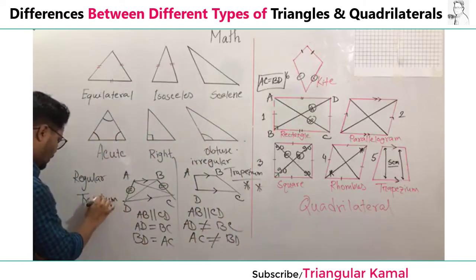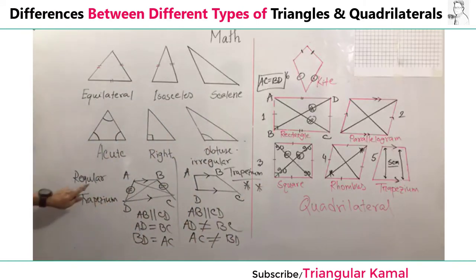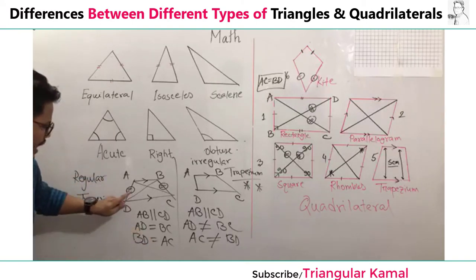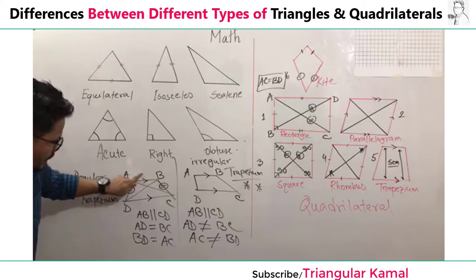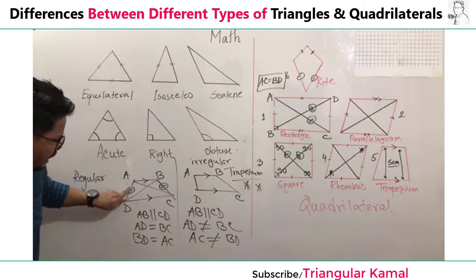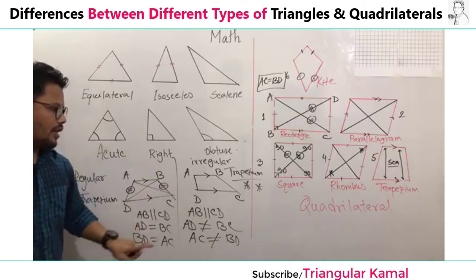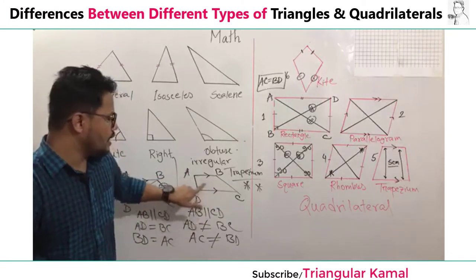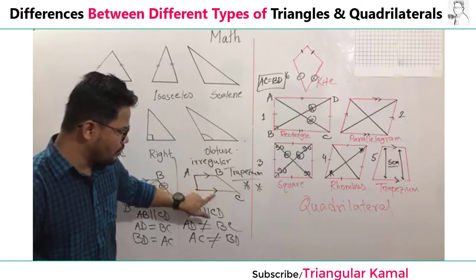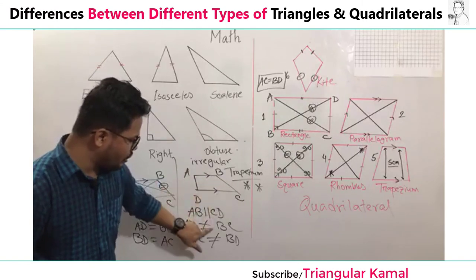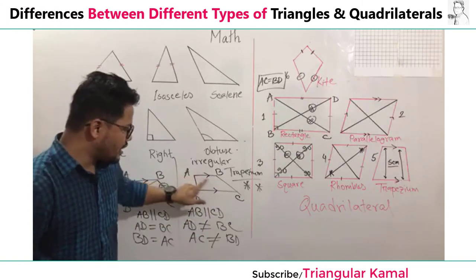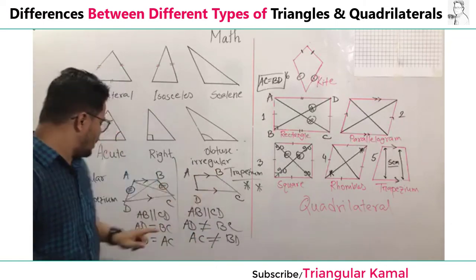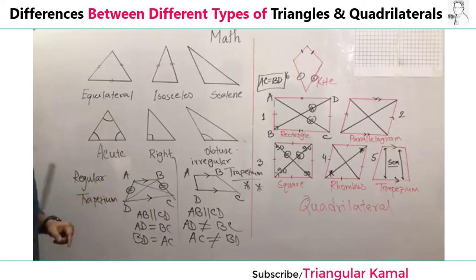So in a regular trapezium, the diagonals will be the same, two sides will be parallel, and the other two sides will be equal. In an irregular trapezium, only two sides are parallel, the other two sides are not the same, and their diagonals are not the same. This is called irregular, and this is called the regular trapezium.